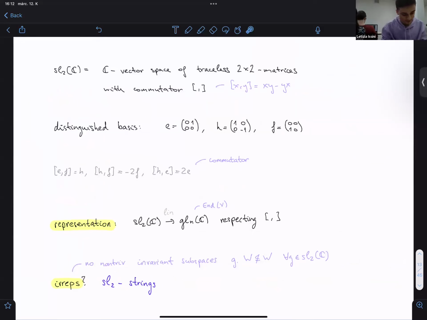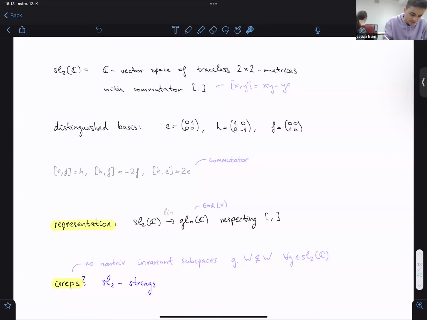Okay, so the Lie algebra SL2C is a vector space of traceless 2x2 matrices. So trace equals 0. Endowed with a commutator bracket that is defined by [x, y] equals x times y minus y times x. And as a vector space, it's 3-dimensional.